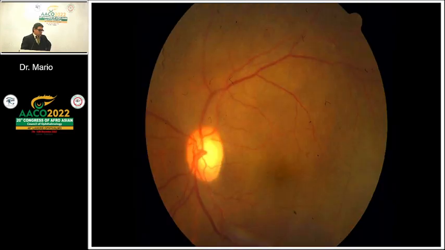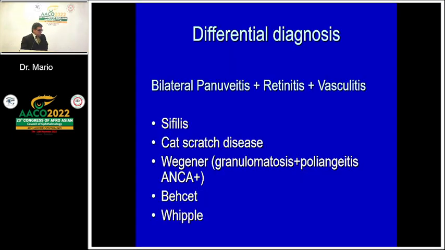I don't know if you can see this image in this projector, because we can see better on the TVs. The other eye was quite good, but it is a little blurry. But actually, we were in front of a bilateral panuveitis with retinitis and some vasculitis.